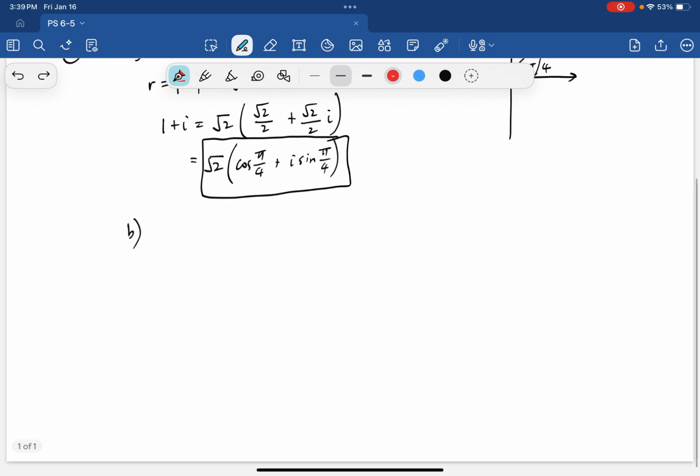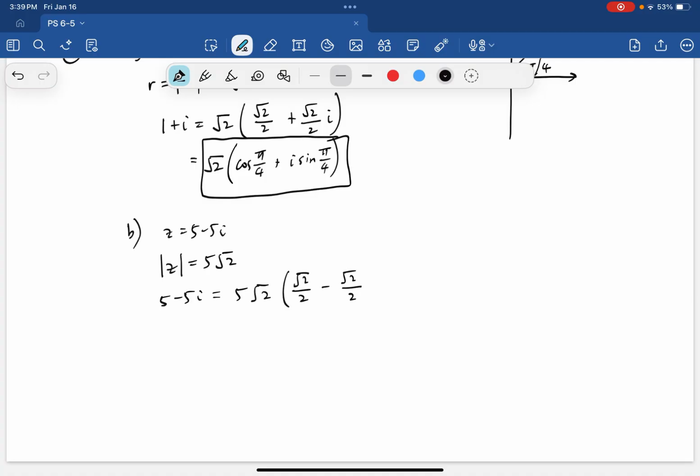Next, we have 5 minus 5i. So the magnitude is 5 root 2, and if we factor it, we'll get 5 root 2 times negative root 2 over 2 minus root 2 over 2 i. So graphically, that is going to be right here, and the radius is 5 root 2.